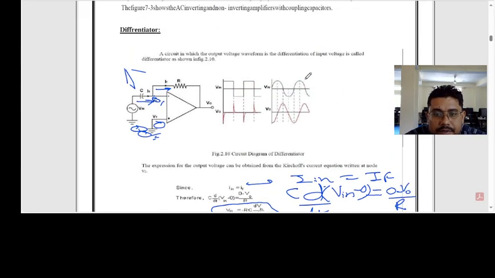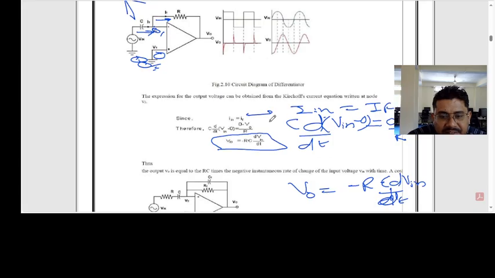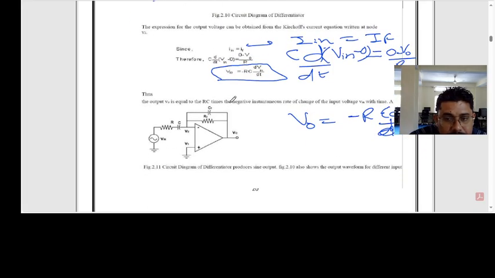Suppose this is the input waveform, a square waveform. If we differentiate this waveform, spikes will come. This is the RC differentiator.